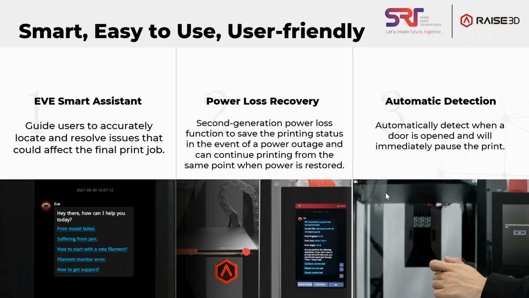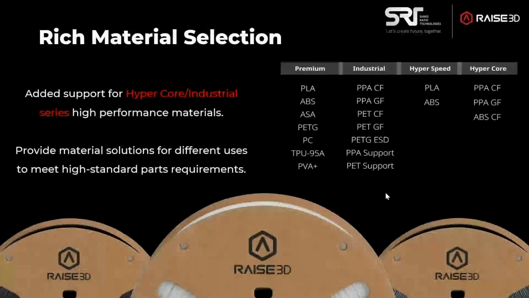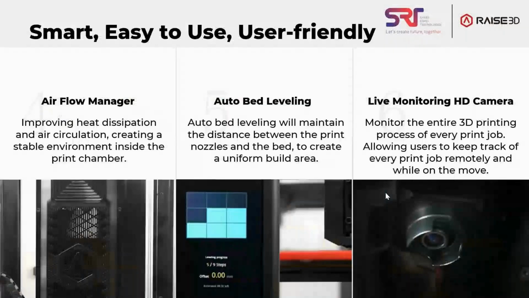Say in case you try to open the door, the print will pause. Airflow manager, auto bed leveling, and also it has a live monitoring HD camera. So you can download the Raise Cloud app and you can monitor your prints right from the comfort of your home.